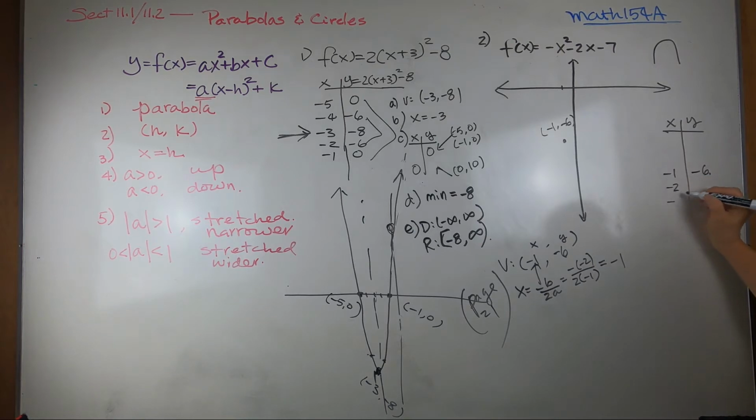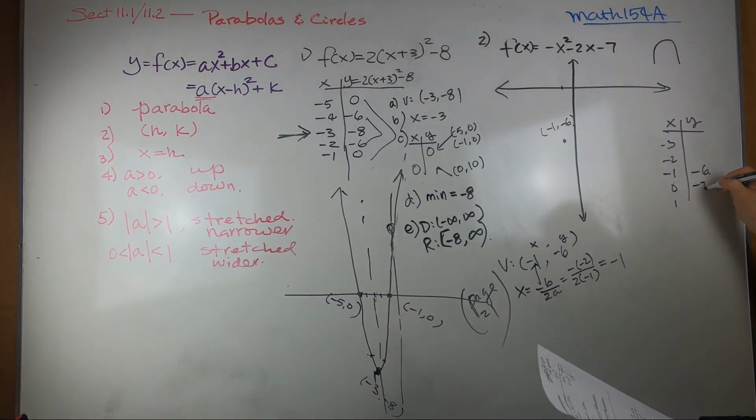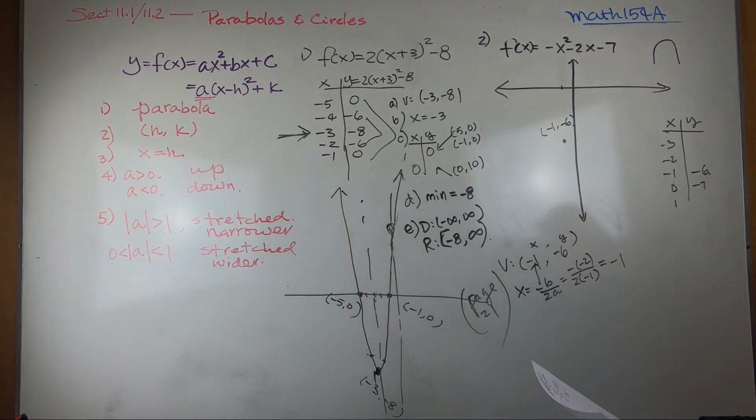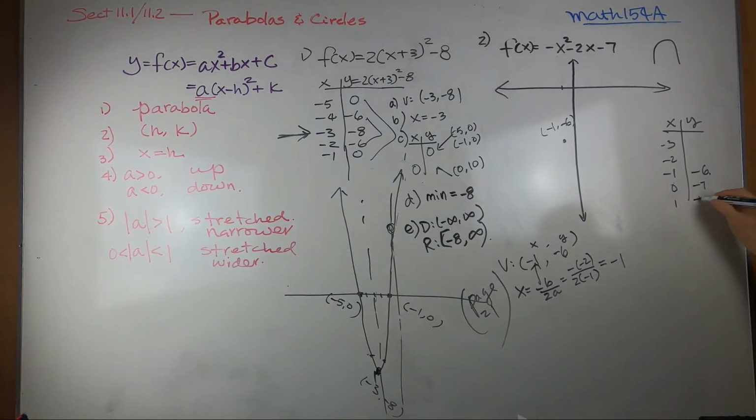Then you use other points, right? 0, 1, -2, -3. So for 0, that would be just plug in, -7. Then if you have a 1, let me see, what's the answer? 7, 8, 9, 10, should be negative 10. Okay, then it should be symmetric.